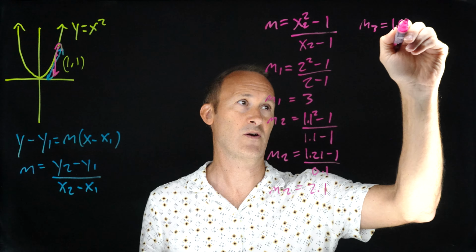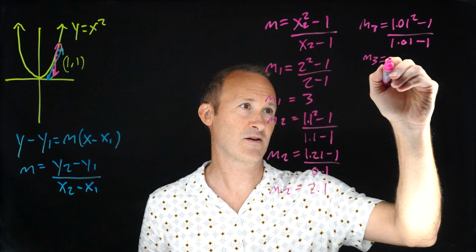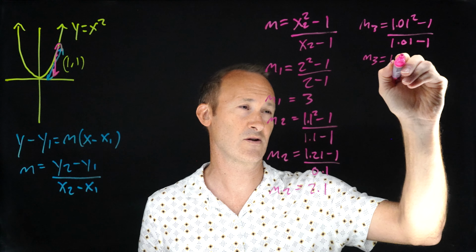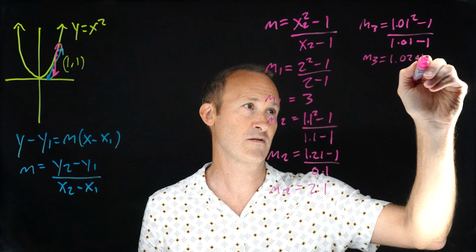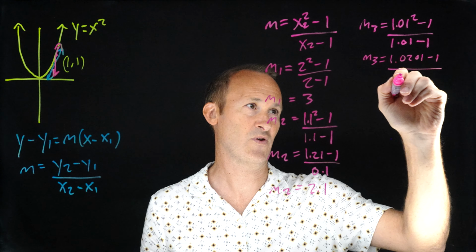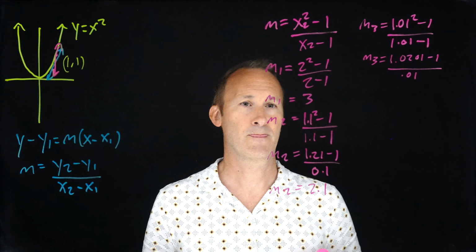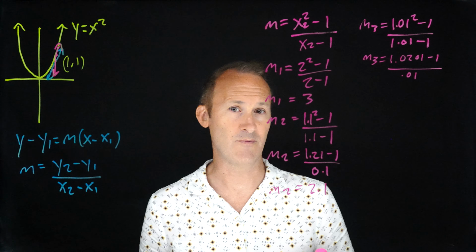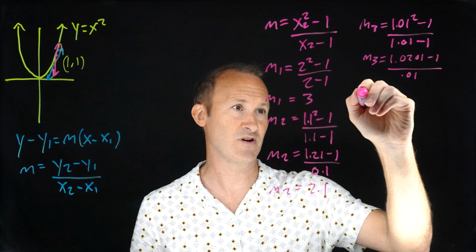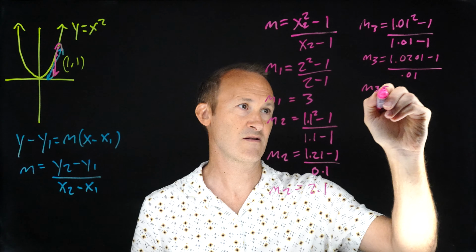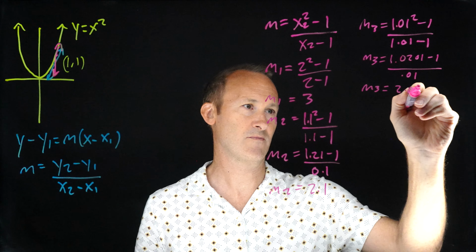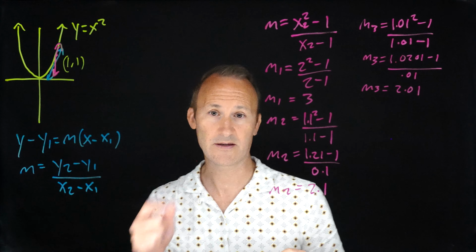If you square it, you're going to get 1.0201, over 0.01. And so 0.0201 over 0.01, multiply numerator and denominator by 100, and you get 2.01. Okay, we're making good progress.